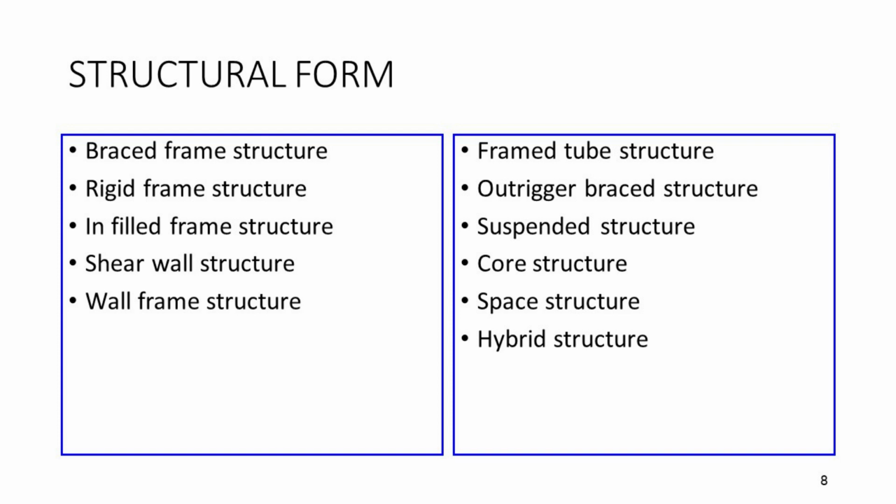As you can see, we can propose braced frame structure, rigid frame structure, infilled frame structure, shear wall structure, wall frame structure, frame tube structure, outrigger braced structure, suspended structure, core structure, space structure, and hybrid structure.